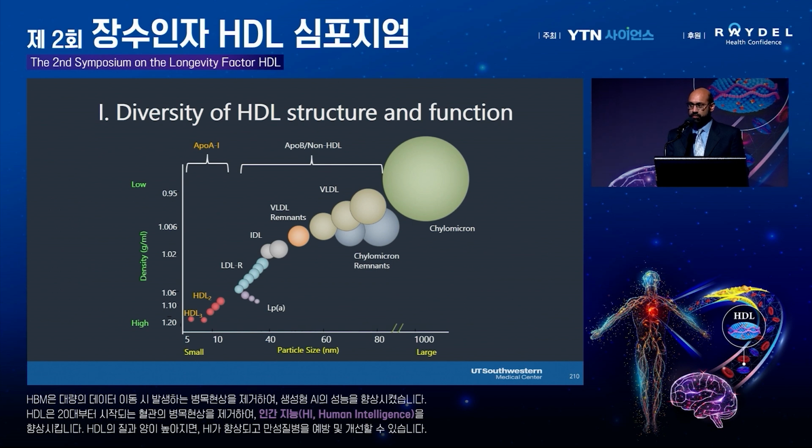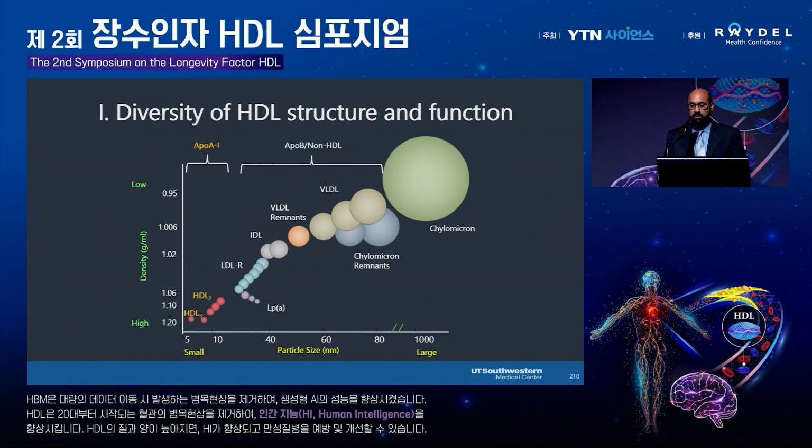So again, some overlap with what Dr. Rai nicely summarized earlier is looking at lipoprotein particle structure classified by size on the x-axis and density on the y-axis. So you can see all of the ApoB containing lipoproteins in the top right of the graph. You have very low density VLDL, intermediate density IDL, and low density LDL.